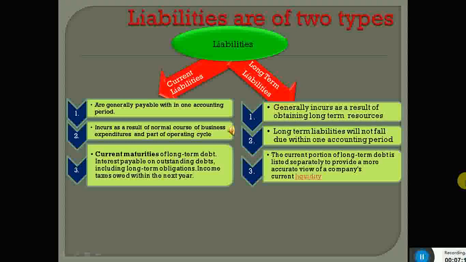Remember, the current proportion that is going to fall due for the year will be recognized as current liabilities, and classified separately from the long-term liabilities proportion, so that the liquidity of the organization can be assessed, so that an organization can see whether it has enough funds to pay off its liabilities or not.